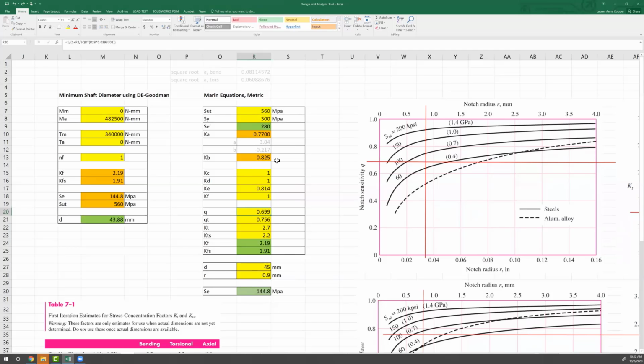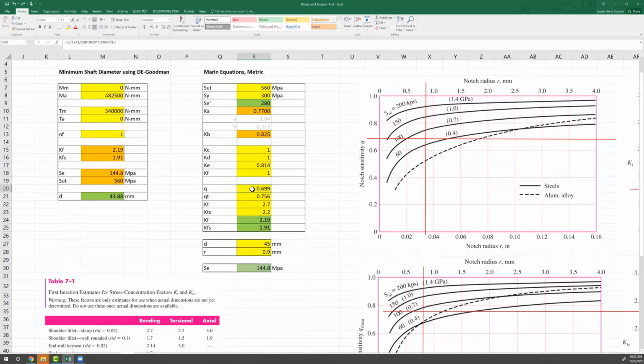But again, what you can do is try to get these equations in and then calibrate your tool using figures 6-20 and 6-21 to make sure you're on track. Or you can use these values here to calibrate your tool. Like I said before, our estimates for Q and QT when we had 0.85 were pretty conservative.